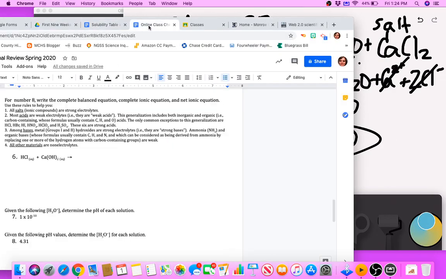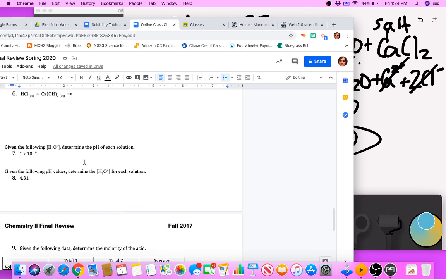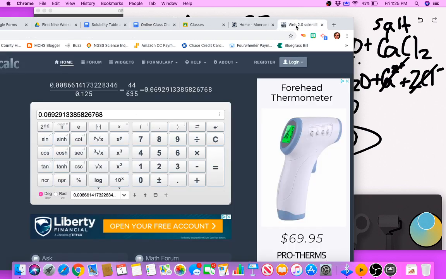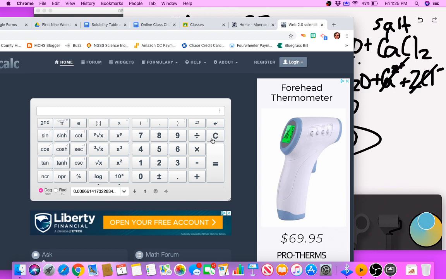Okay, so moving on. Now we're going to do hydronium ion concentration and pH. Remember that to find the pH, you have to do the negative log of the hydronium ion concentration. So all we have to do here is the negative log of 1 times 10 to the minus 10. I really like using my scientific calculator for this because it's easy to type in.